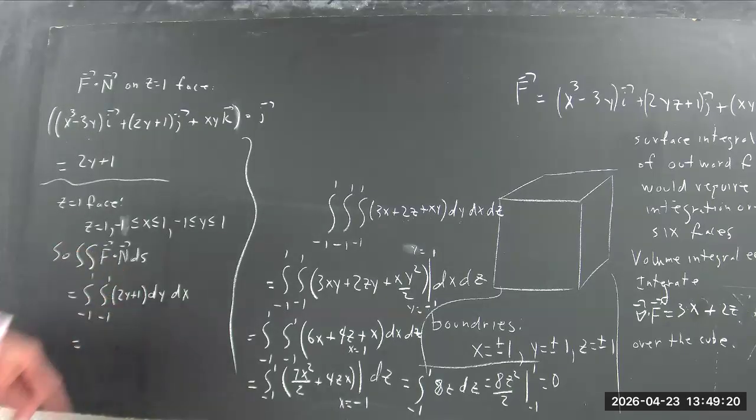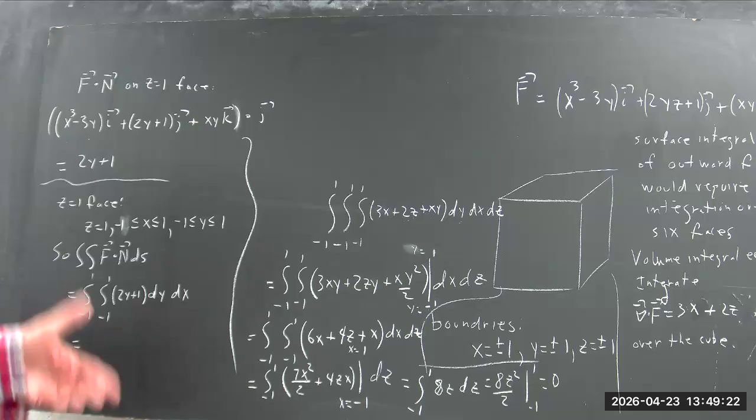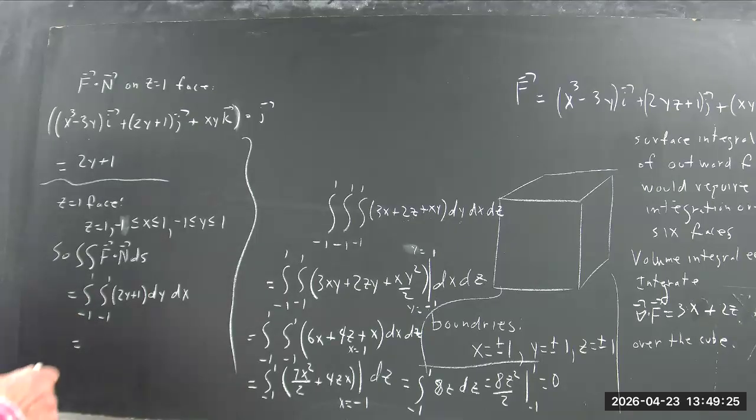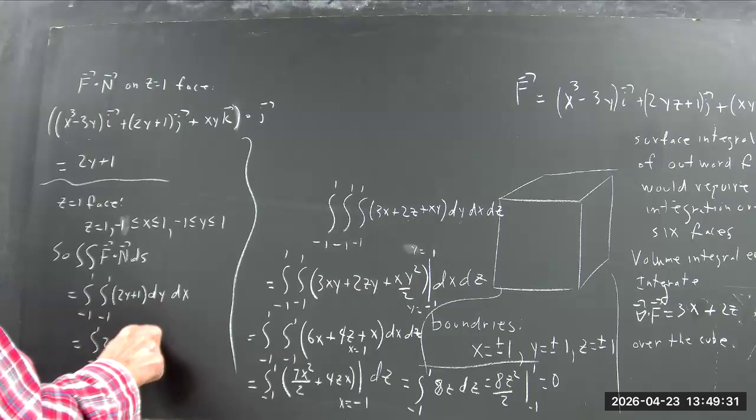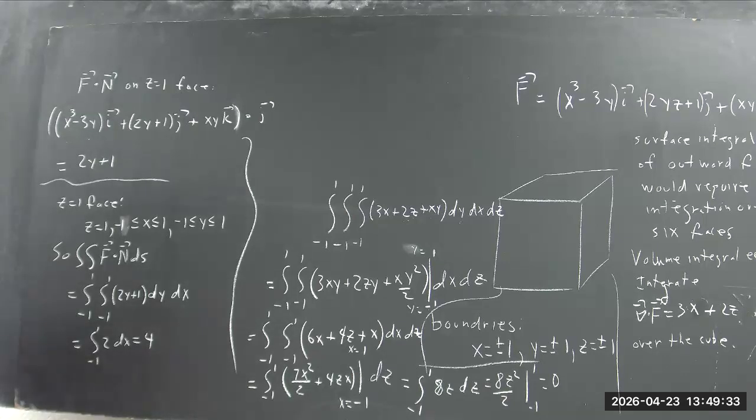That's going to be y squared plus y. Y squared is going to give you 0. Y is going to give you 2. And I think it gives you 4. I might be careless there, so check me on it. Okay? It's very simple.